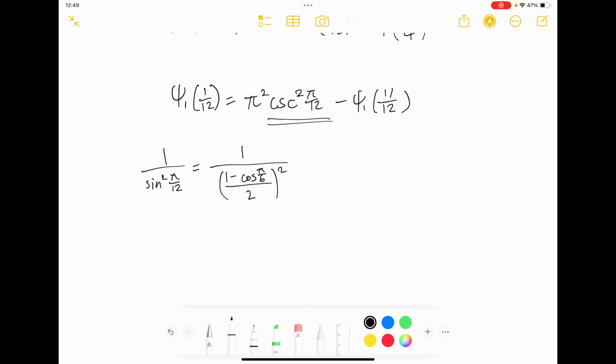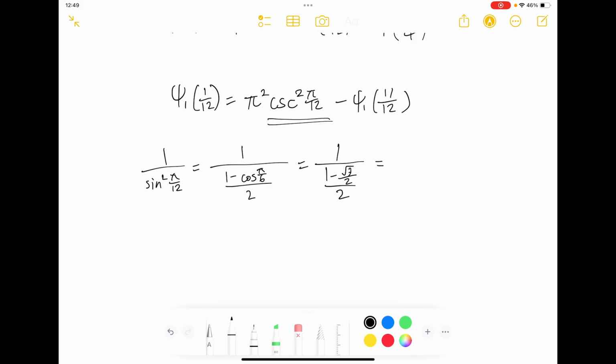Because sine squared theta is 1 minus cosine 2 theta over 2, and this is when theta is pi over 12. So that's what we have. And cosine of pi over 6, we know that. Cosine of pi over 6 is root 3 on 2.